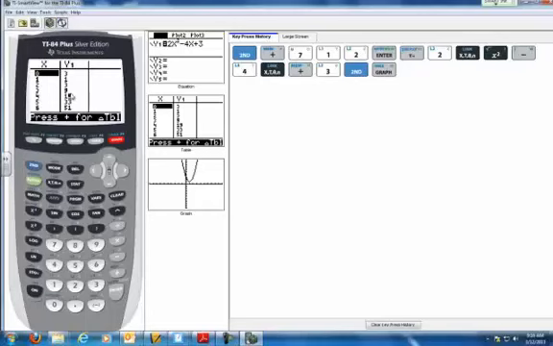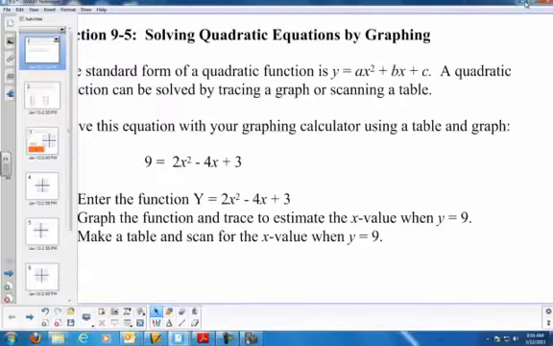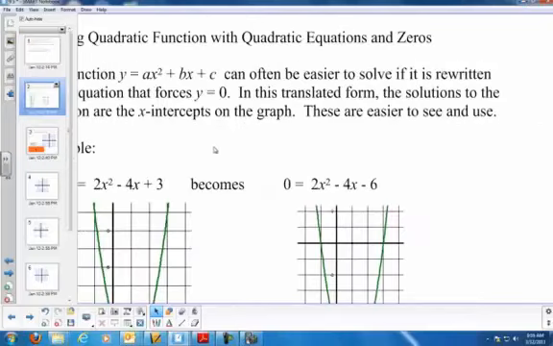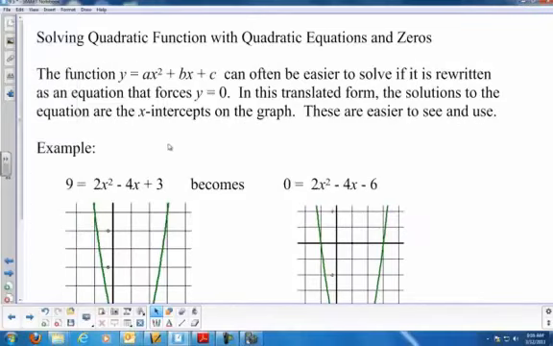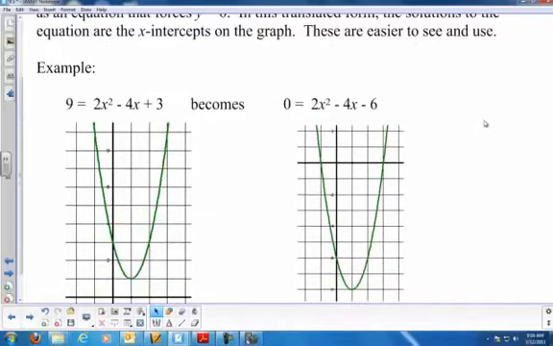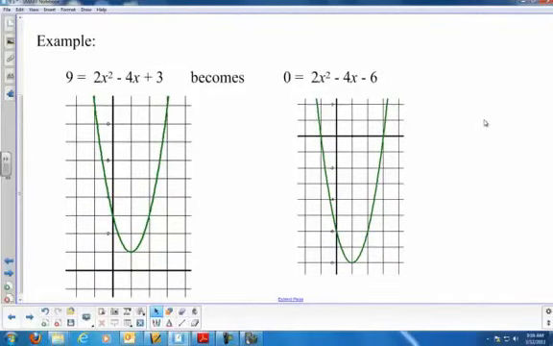So as you can see right here, 3 gives you 9, and then if you go back, negative 1 gives you 9. So we're going to use that data and graph right here. So I'll go ahead and make the table.